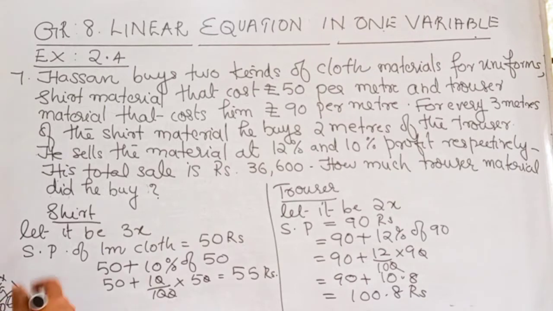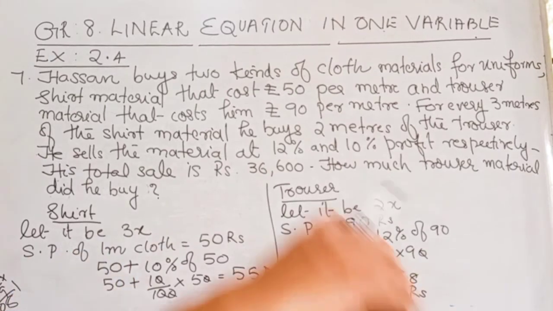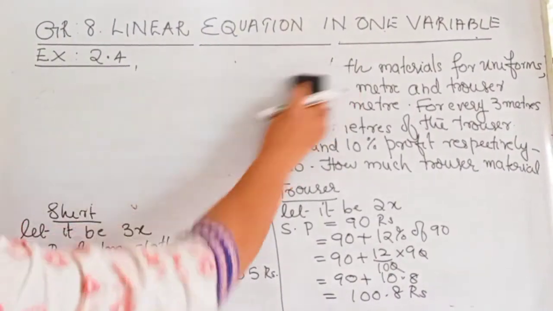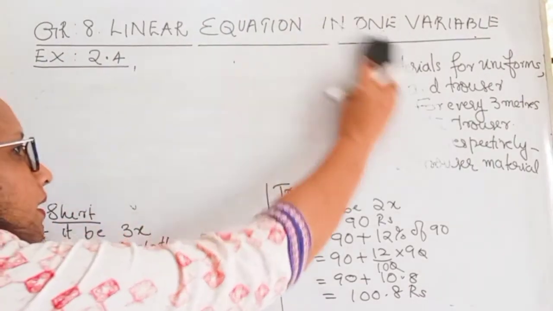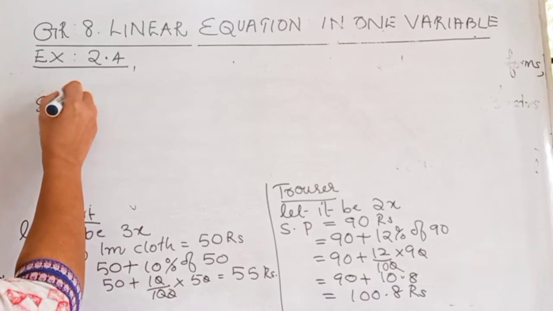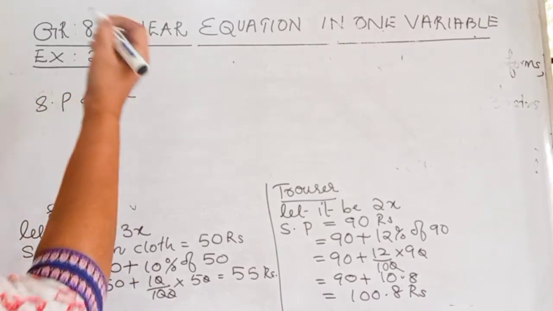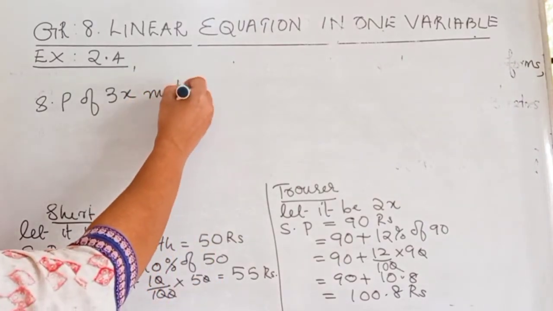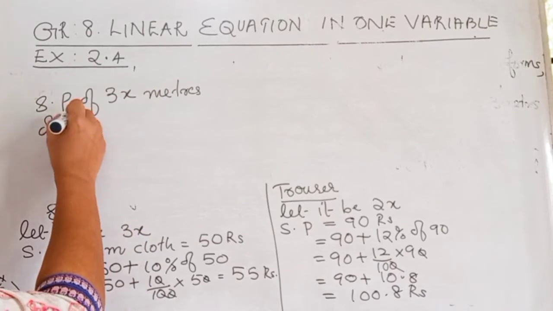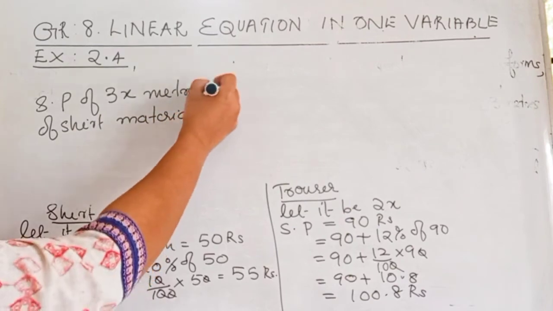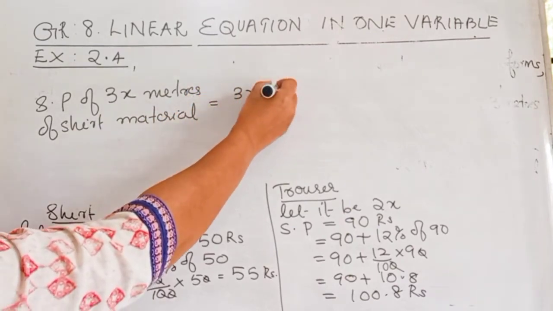So the sales price of 3x meters of shirt material will be equal to 3x into 55.